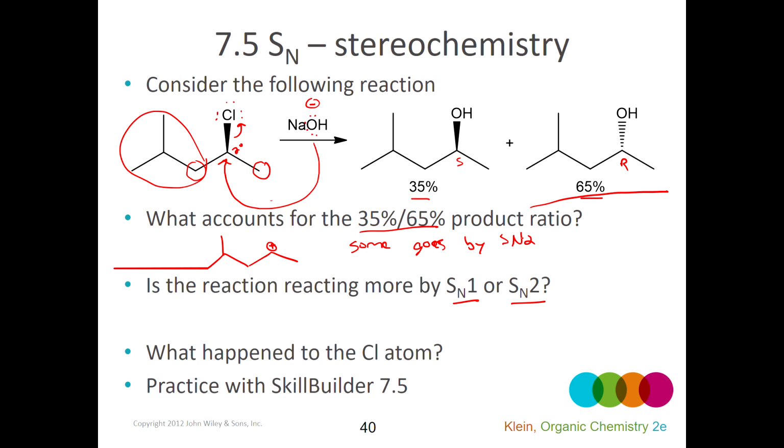So if it's occurring by SN2, I get R. If some of the reaction goes by SN1, that would involve the leaving group leaving first. I would get the carbocation, and then it would become flat. And the nucleophile could attack from the top or from the bottom. So by the SN1 mechanism, I would get 50% R and 50% S.